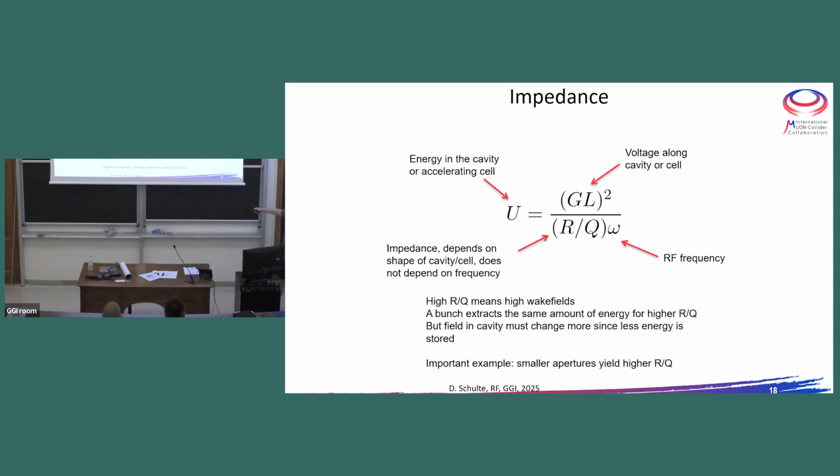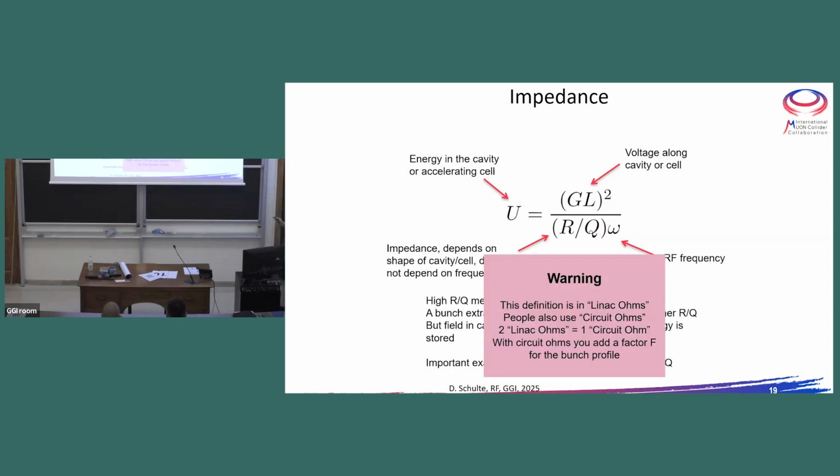And now a high R over Q also means that unwanted fields are very important. But let's forget it for a second. And typically, a cavity that has a smaller hole for the beam has a higher R over Q than one that has a larger one. Okay, that's for the RF experts to design.